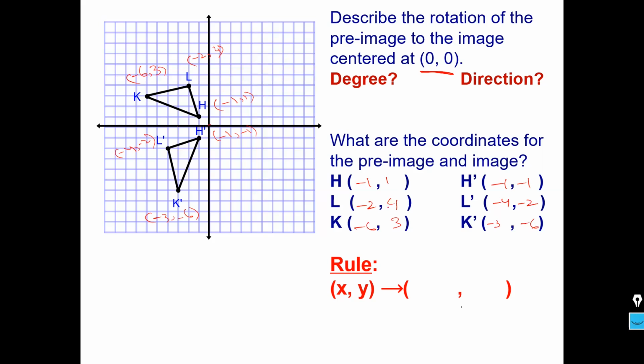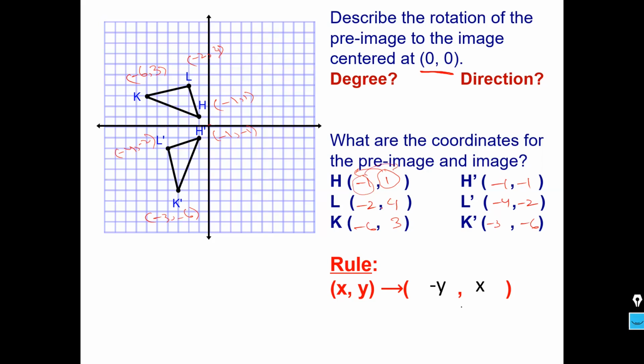See what happened? The rule is that whatever was in the place of y, we have shifted to the x place and multiplied with a negative sign. So positive 1 has become negative 1, and this negative 1 has shifted to y's place without changing sign.